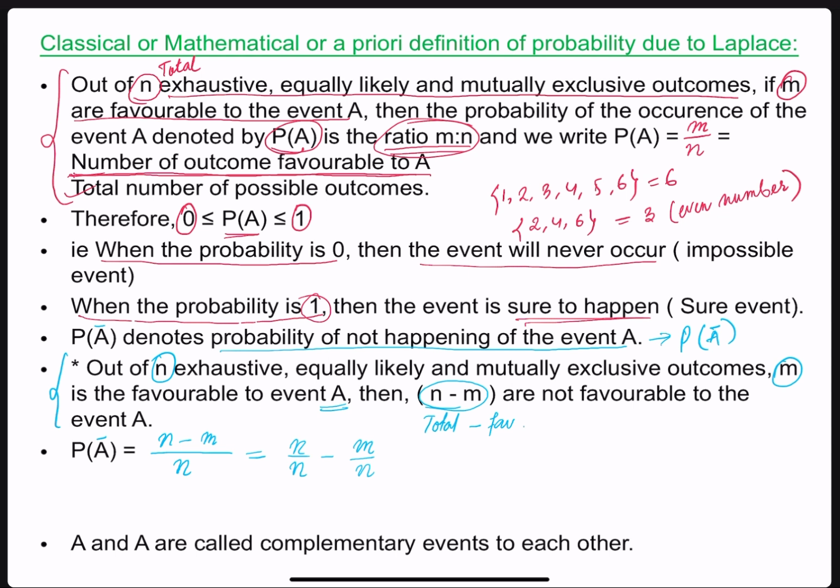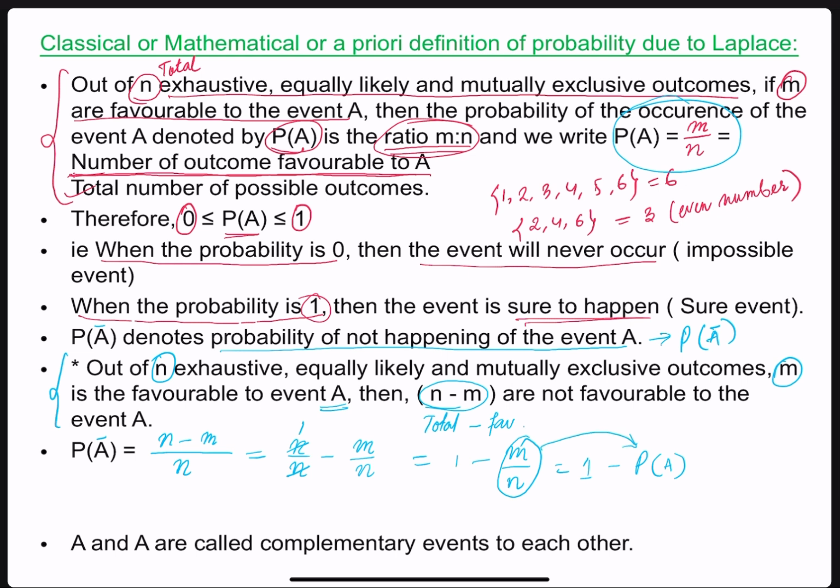We distribute this n for n as well as for m. So n by n is 1, so we have 1 minus m by n. We know that m by n is P of A. So instead of m by n, we have P of A.